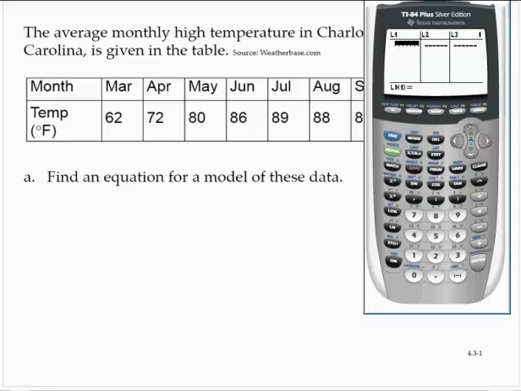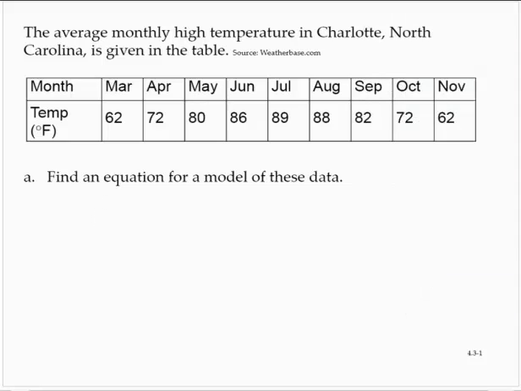Now we have month names here, so that's not going to be very useful. Let's get some numerical values to this. So let's let T represent the month of the year.